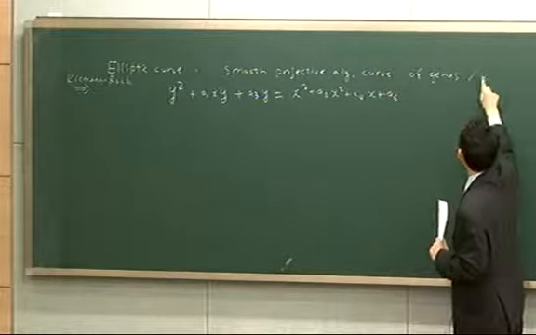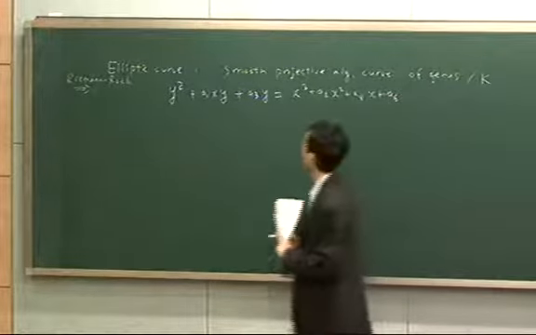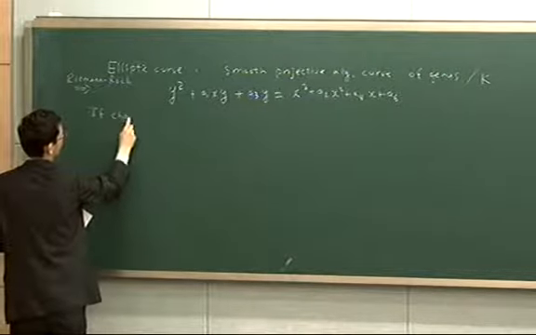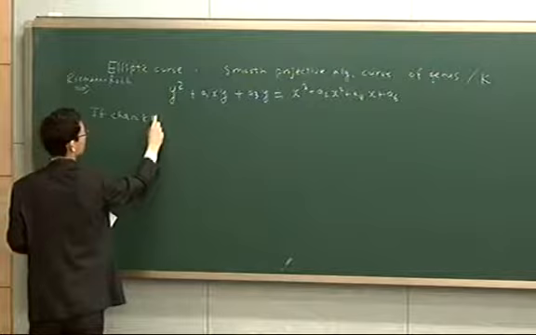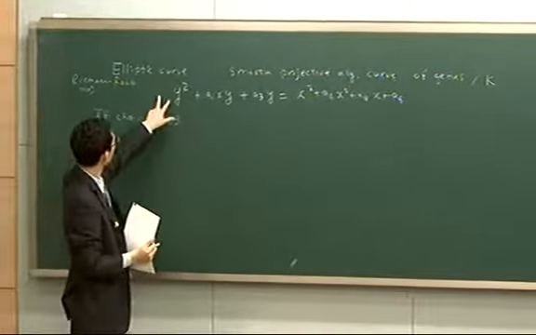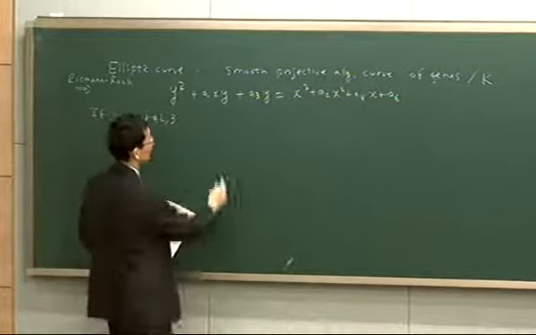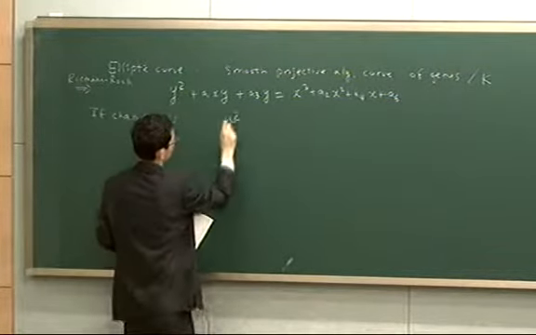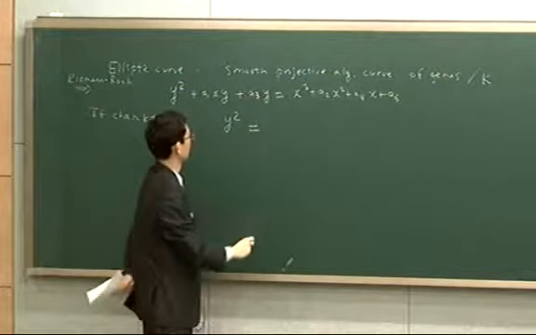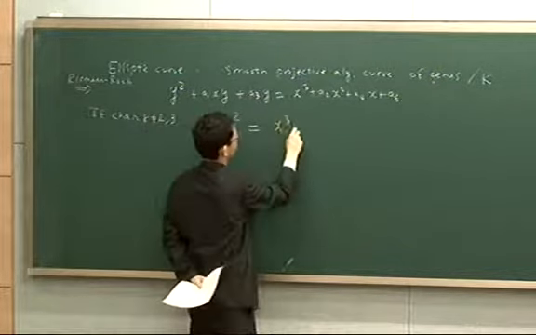So let E be defined over a field K, and if the characteristic of K is not equal to 2 or 3, then this Weierstrass equation is isomorphic to the following equation, which is simplified to this equation.